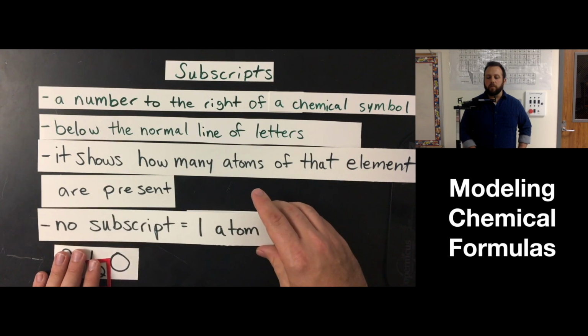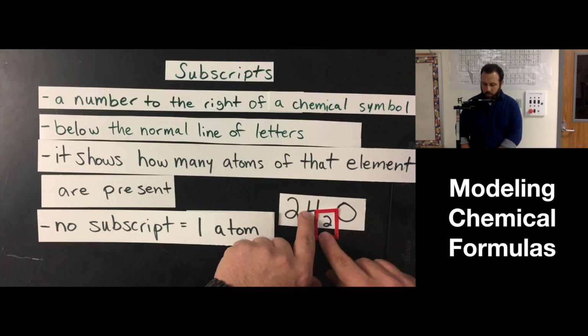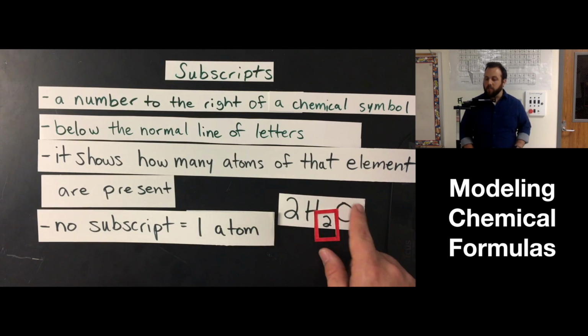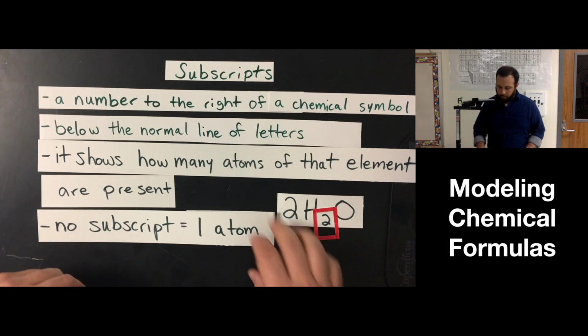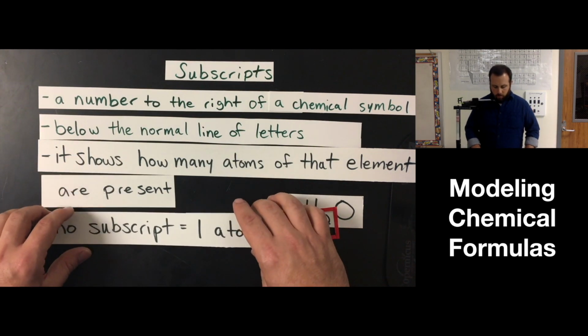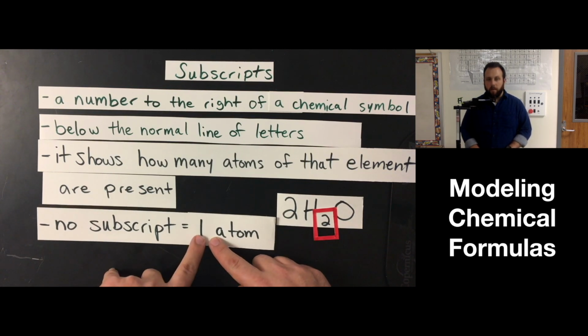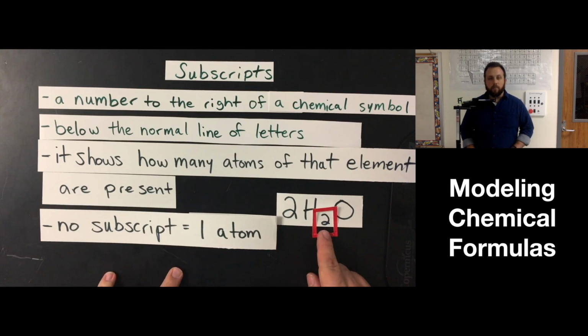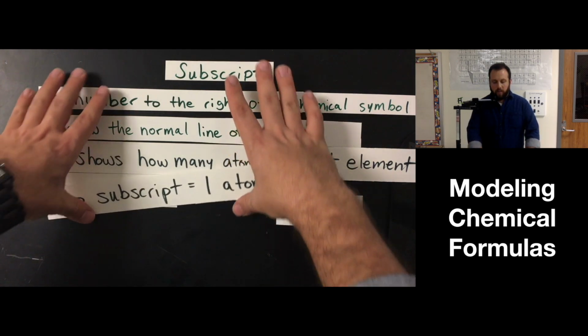So in this example, oxygen has no subscript there. So that tells us that there is 1 atom of oxygen. So again, no subscript means 1 atom. If there's a subscript, that tells us how many of that element are in the compound.